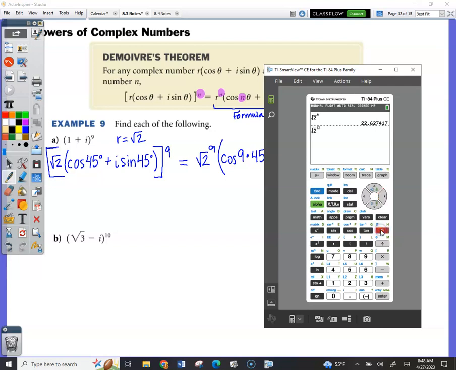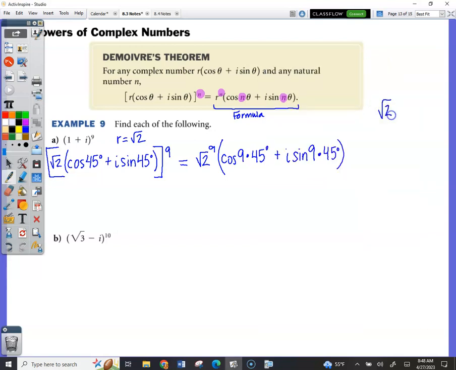That's called caret, which means whatever comes after it's going to go in superscript exponent position, and you can raise it to the ninth. But you're going to see that you get a decimal. They don't want a decimal. When you have a radical raised to a power, split it into the radical raised to 1, if it's odd, and then the radical raised to an even. So let me show you.